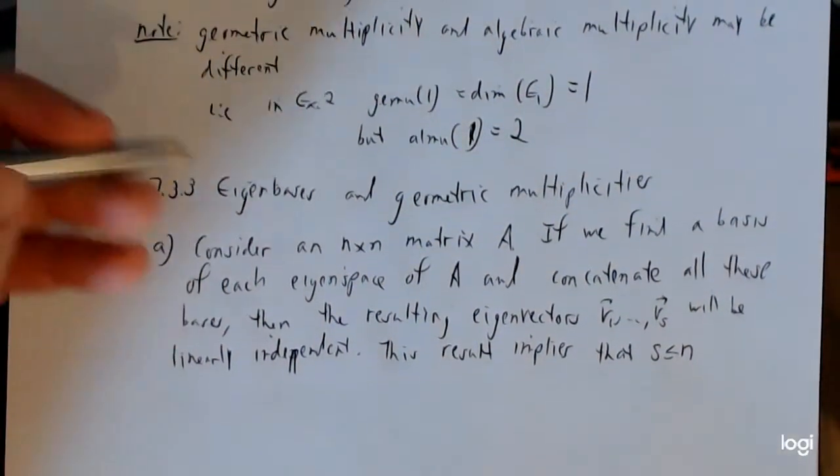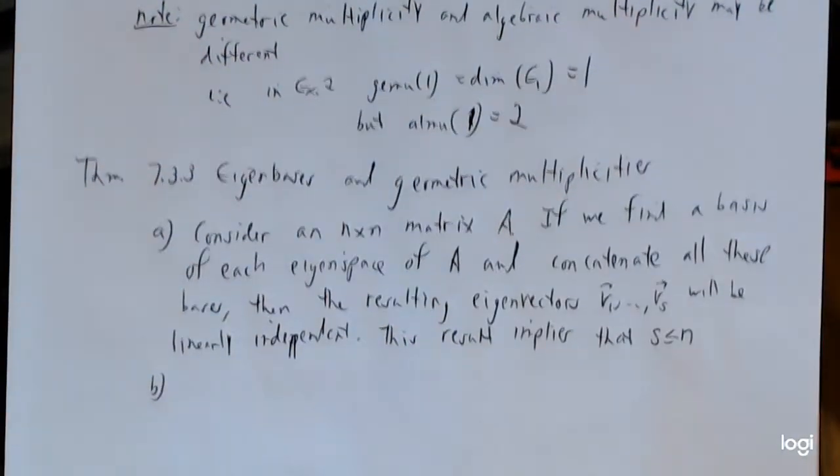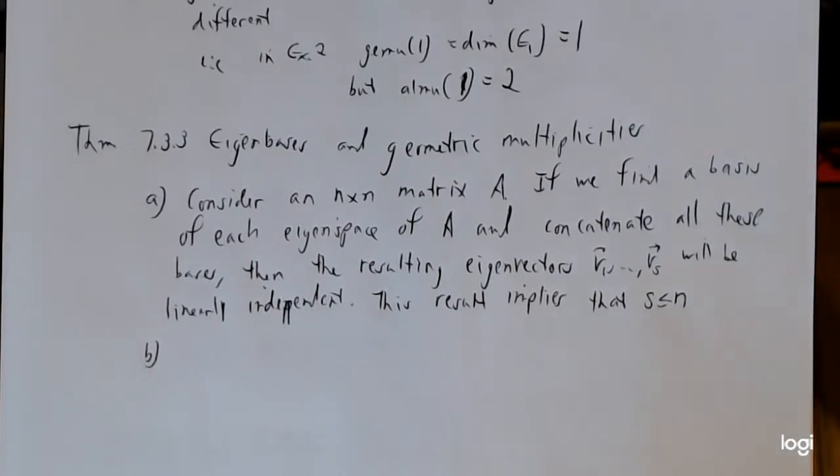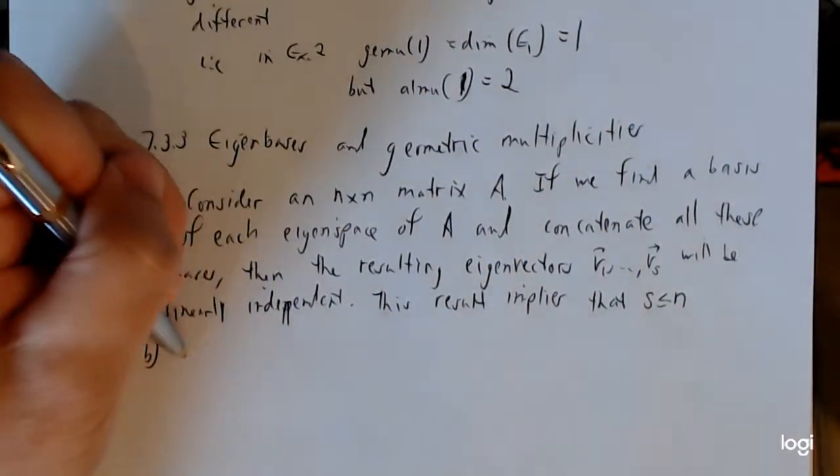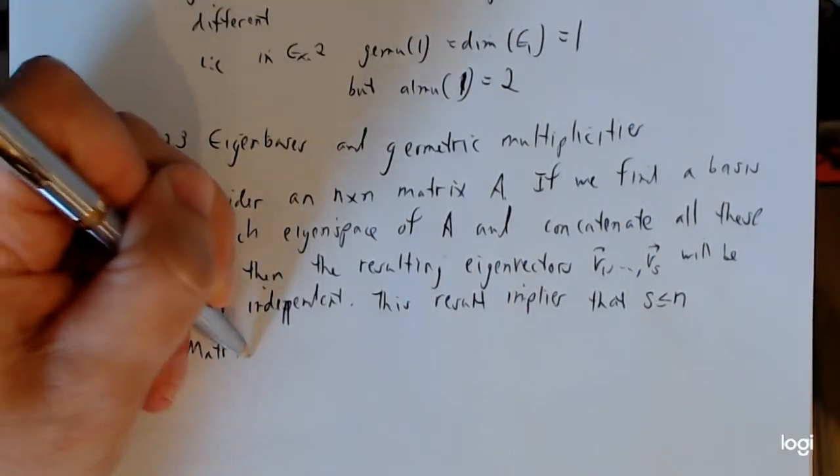Okay? And then what we would say in part B, which talks about diagonalizable, and I think that we already know, right?